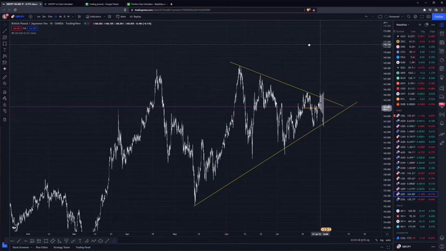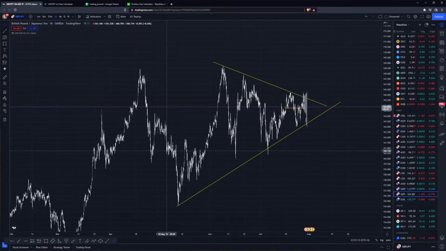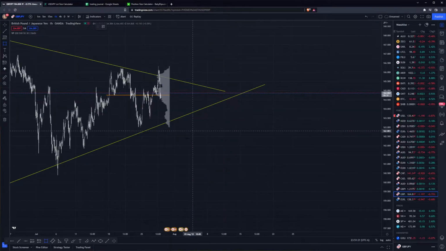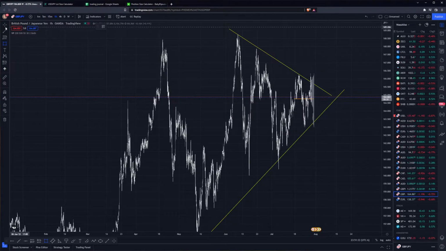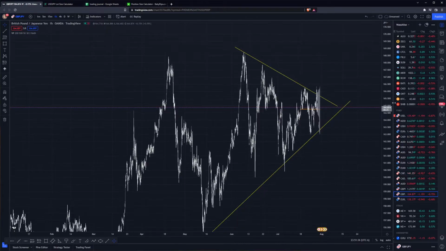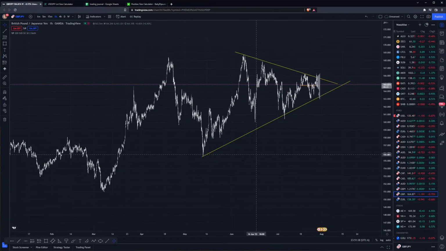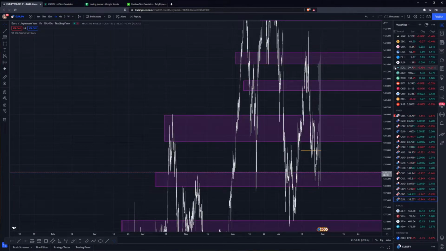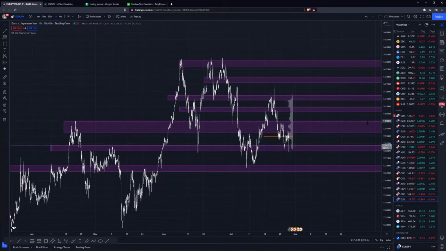So it's consolidating, which means that you're going to have a lot of lower highs and higher lows, which makes it difficult to find good zones. I know a lot of people trade flags like these, and I just haven't implemented a good strategy for that with my support and resistance zones, so I'll leave that one alone for now.